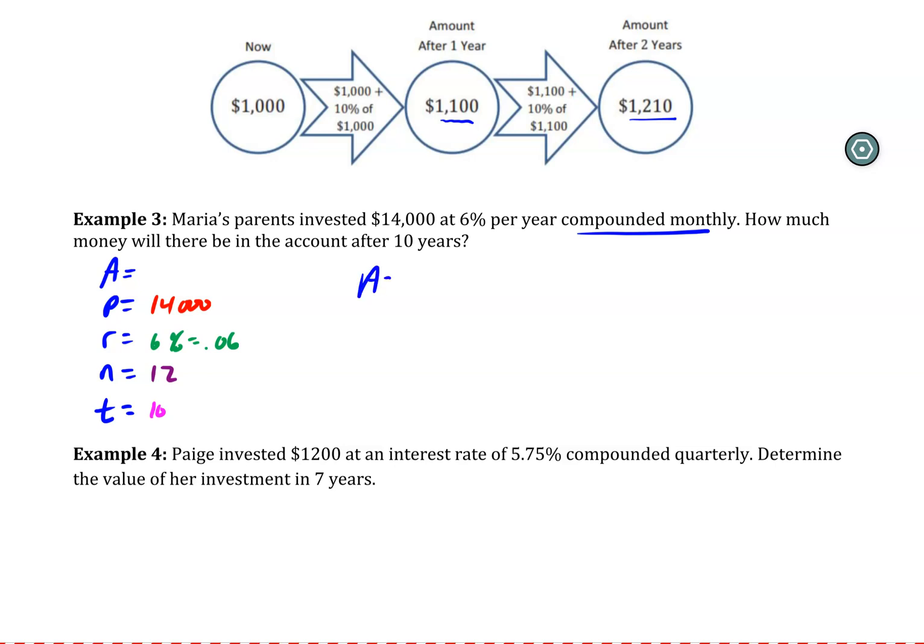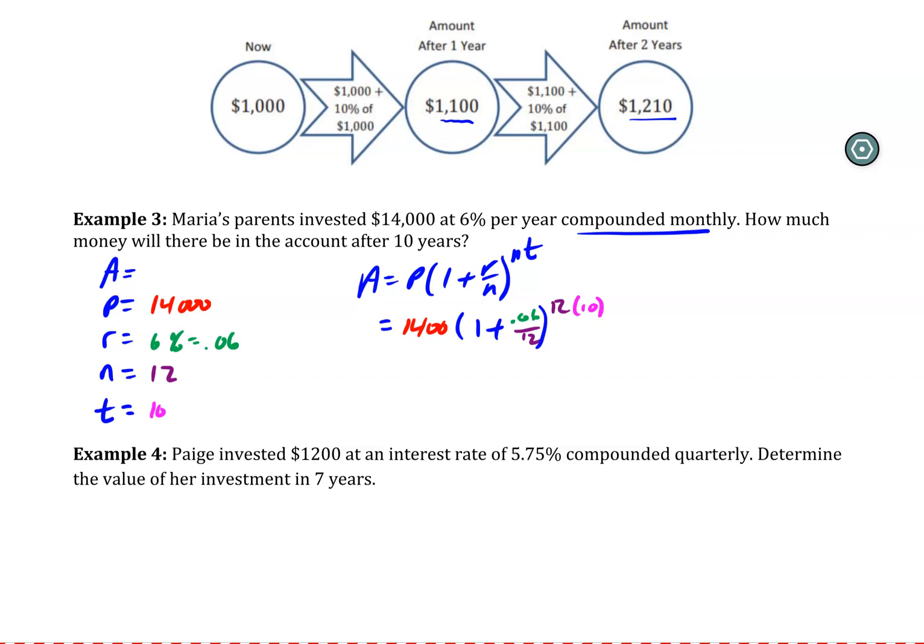So let's plug into our formula. A equals P times 1 plus R over N, all raised to the NT. So we'll plug this information in. We've got 14,000 multiplied by 1 plus 0.06 divided by 12, and that's going to be raised to the 12 times 10.